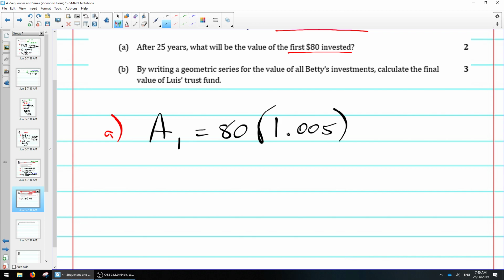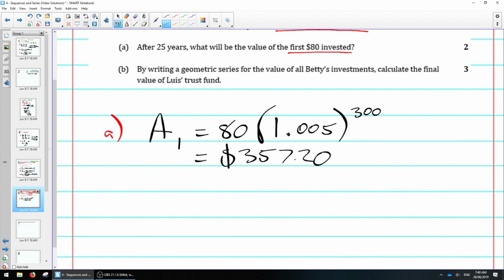So it's increased by 0.5% 300 times, so it's going to be to the power of 300. It's not increasing by only one month's worth of interest. We've got 300 months, and when you sub that all in, you get $357.20.